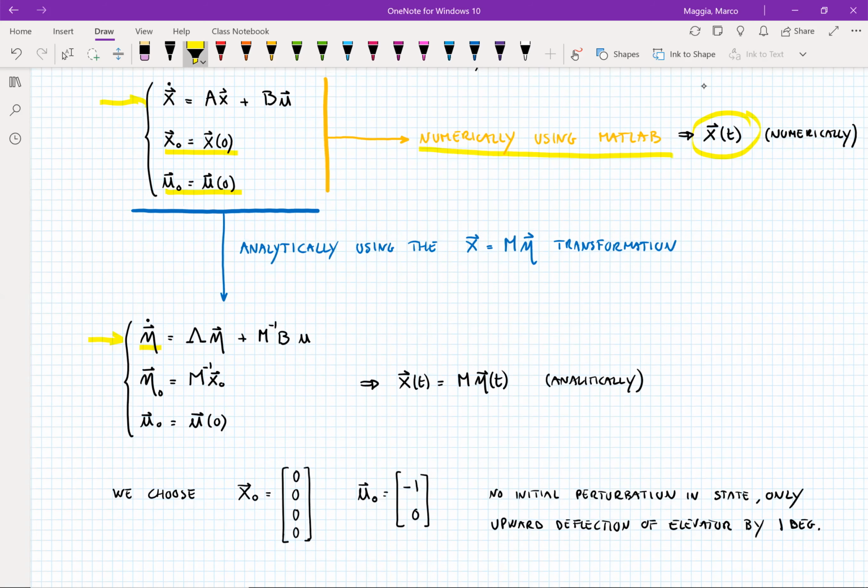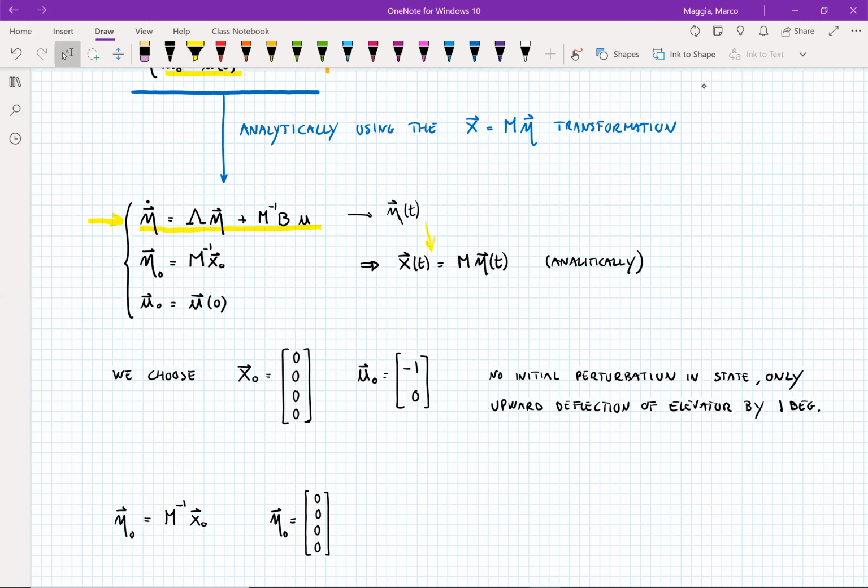So we can, as we saw, solve the system analytically, and once we have the solution eta of t, we can use the modal transformation to retrieve the states. X of t equals M eta of t, and M, of course, is the modal matrix that comprises the eigenvectors of the matrix A.